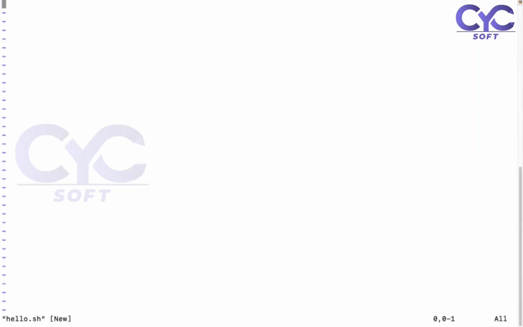Go to insert mode; this is the editor. I write the code: echo hello world. Then echo welcome to DevOps world. Now press escape, :wq, enter.